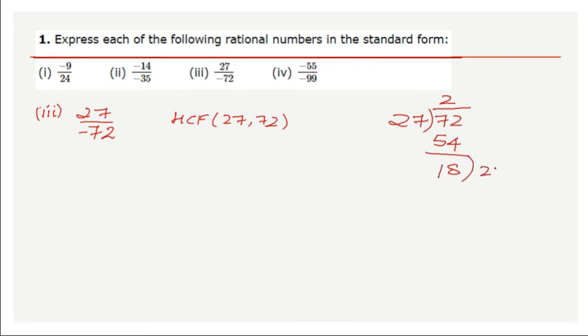Now 18 divides 27 one time, leaving the remainder 9. 9 divides 18 2 times, leaving the remainder 0. So the highest common factor is 9.